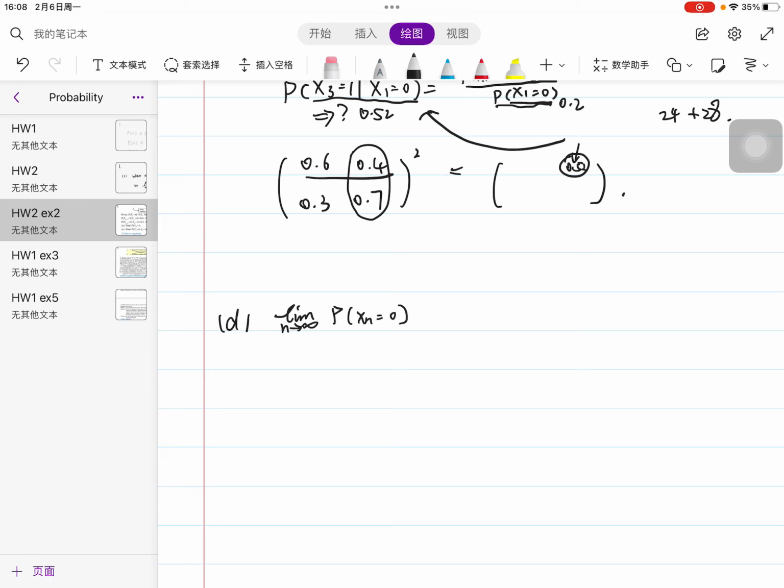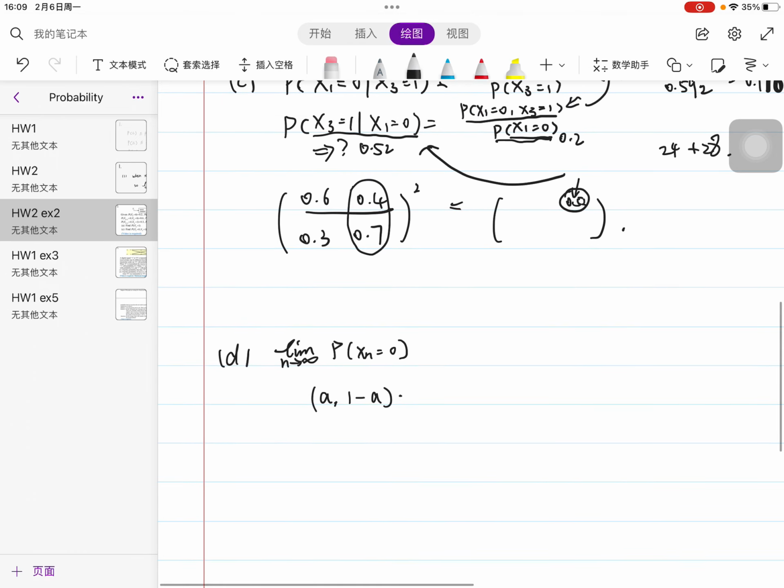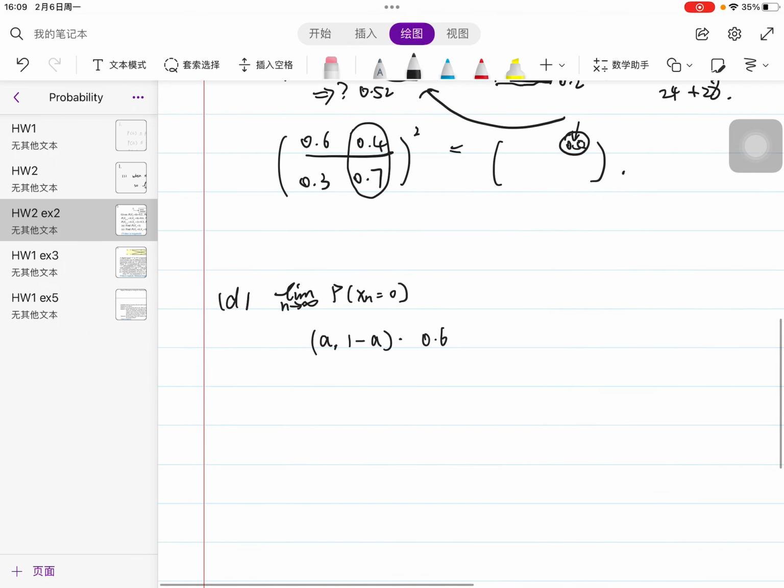So we could write an equation where we assume the probability of xn equals 0 when n approaches infinity is a, and when xn equals 1, that is 1 minus a. When it is multiplied by the transfer matrix, that is still a and 1 minus a.